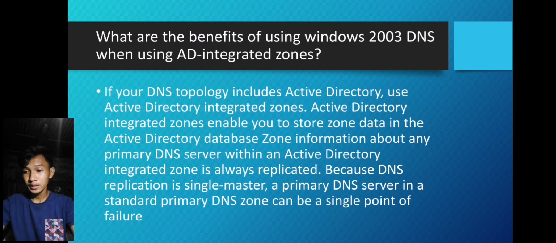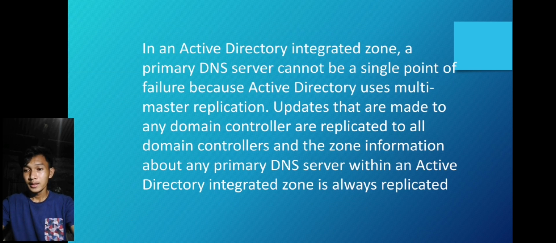Why? Because standard DNS replication is single master. A primary DNS server in a standard primary DNS zone can be a single point of failure. In an Active Directory integrated zone, a primary DNS server cannot be a single point of failure because Active Directory uses multi-master replication.